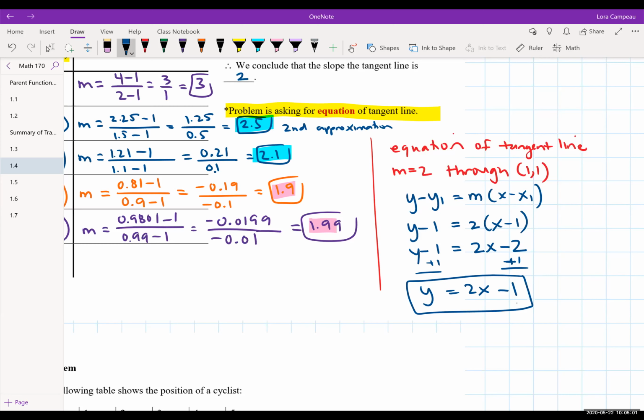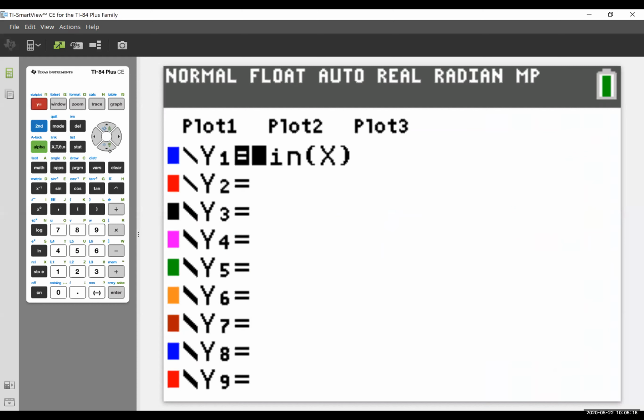So we can inspect this on a TI, because that's the tool that we actually have in our hands. And then I'll show you a little bit on Desmos as to what's actually happening. So let me share that with you all. So let's do a quick graph of y equals x squared.